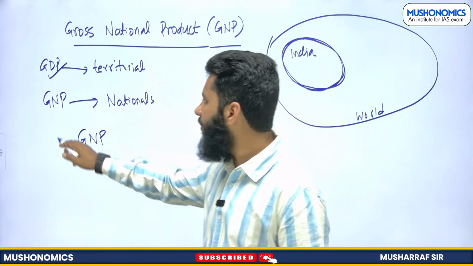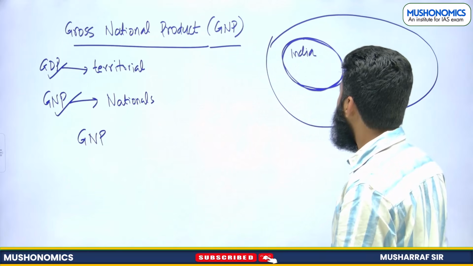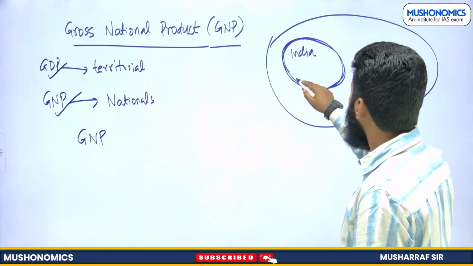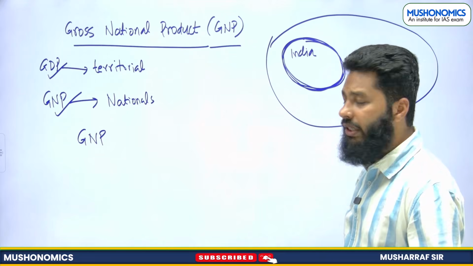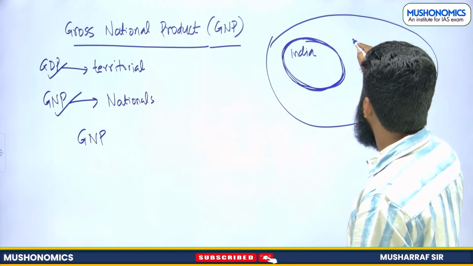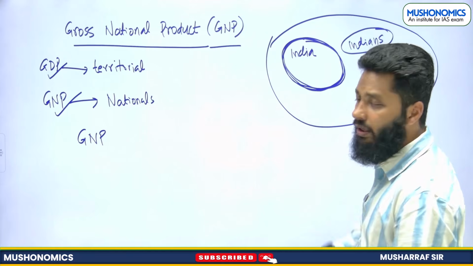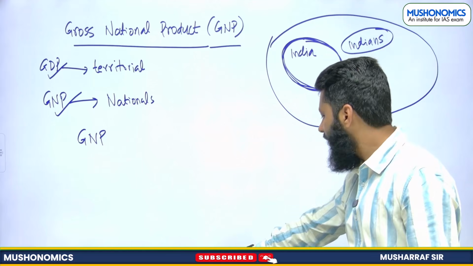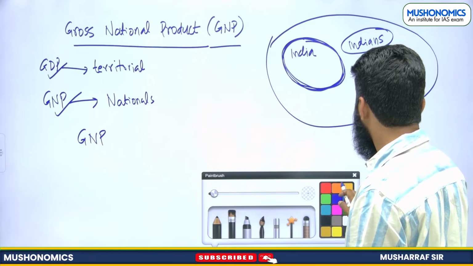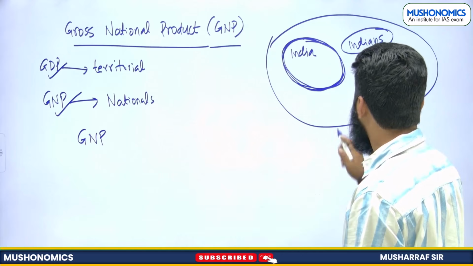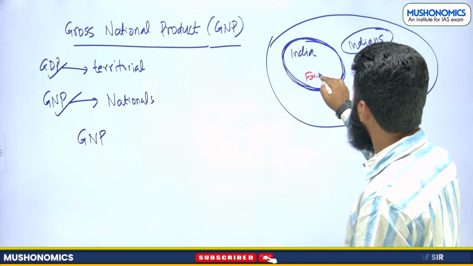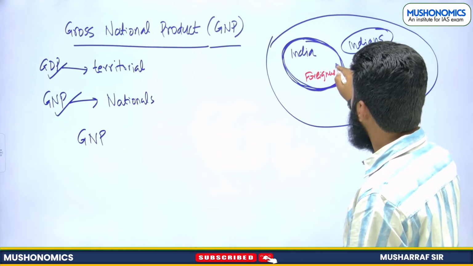But when we talk about GNP, in the GNP calculation, here you can see production by Indians. So Indians are in India also, Indians are in other parts of the world also, right? And in India there are foreigners. So here some group is of foreigners also.